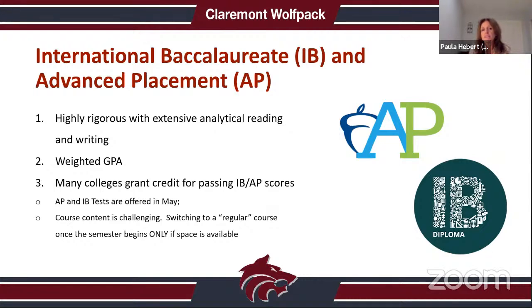AP and IB classes have a weighted GPA, which means grades of C or better earn an extra point in the GPA calculation. And if you take an AP or IB course, you may wish to take the AP or IB exam later in the school year to perhaps earn credit for college.